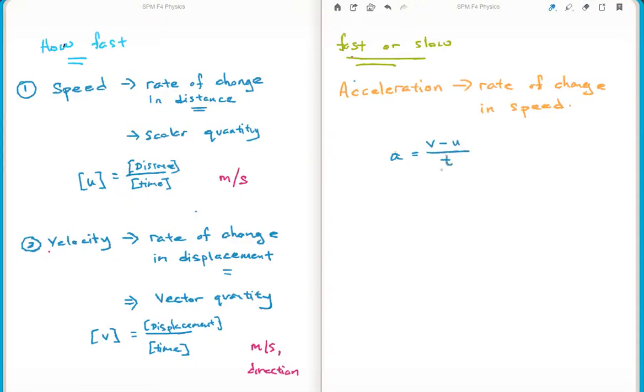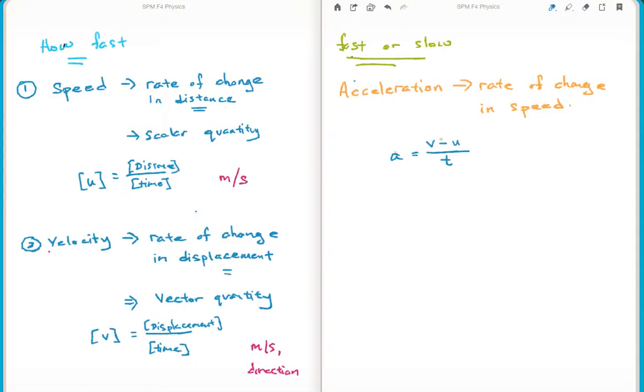Now here, you may be confused. Why do v and u come together? Isn't v the velocity and u the speed? Depending on how you want to look at it, for acceleration those symbols are not limited only to speed and velocity.